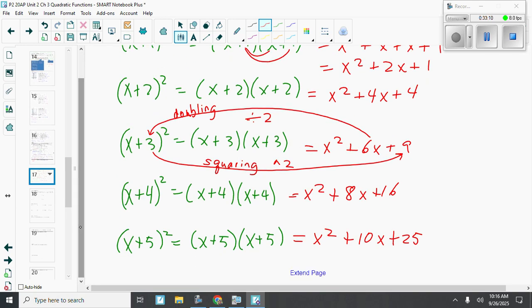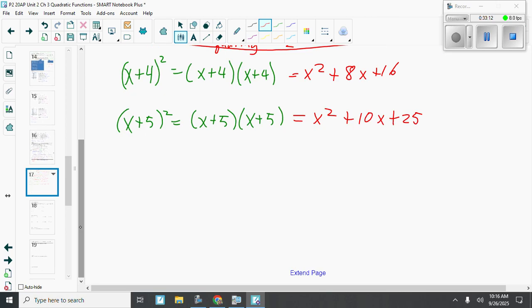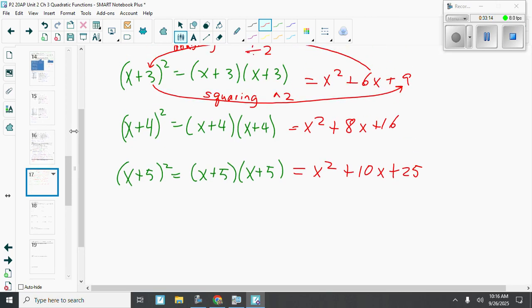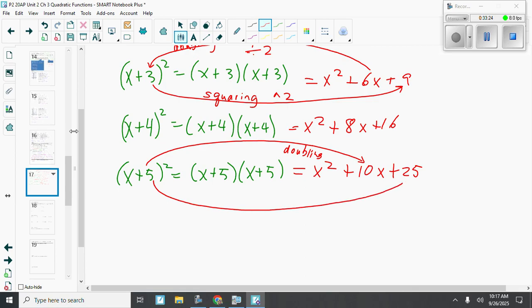So as you can see, the pattern here is we end up doubling, so we multiply by 2, and then we square.